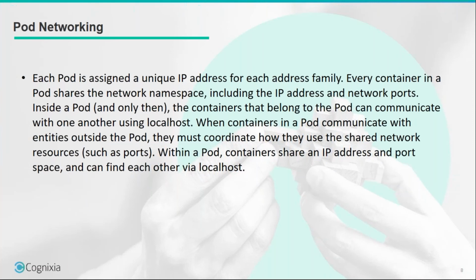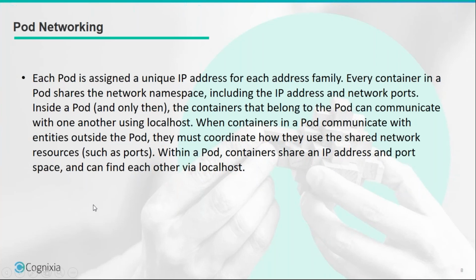When containers in a pod communicate with entities outside the pod, they must coordinate how they use the shared network resources. Containers share the IP address and port space and can find each other via localhost. So what does it mean?